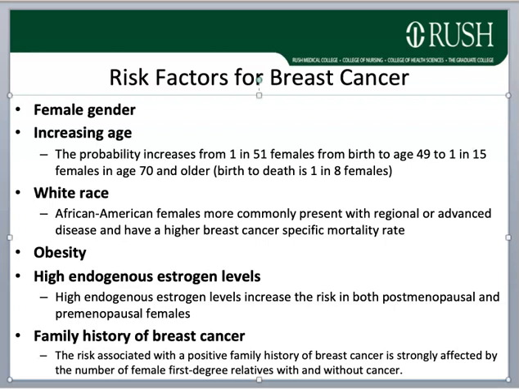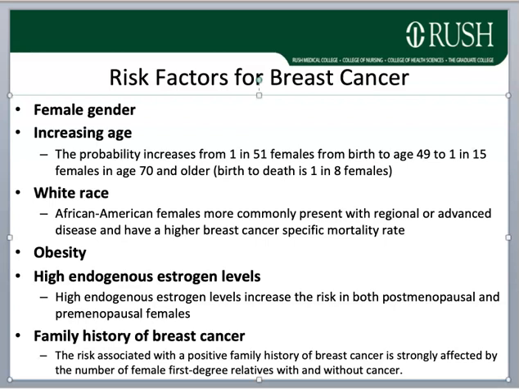White race is another risk factor for breast cancer. African American females more commonly present with regional or advanced stage disease, and have a higher breast cancer-specific mortality rate. Obesity is another risk factor associated with breast cancer.